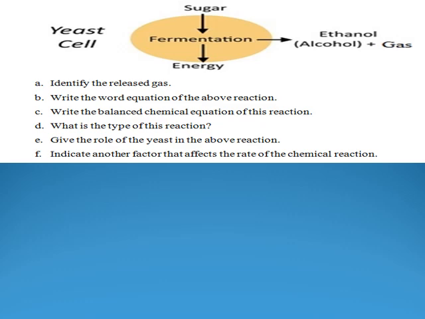Maybe I'm going to give you a graph, and you have to know what's happening in each of these. Maybe I'm going to give you a reaction, and you convert it into a balanced equation, give the type of the reaction, the role, specify the rate, and how the rate varies. All of these we mentioned here in the exam review.